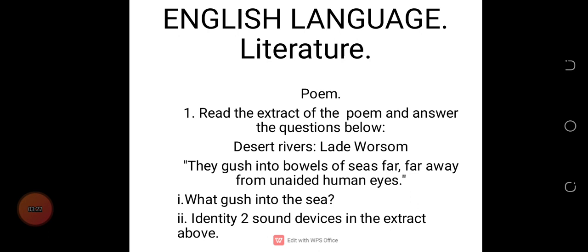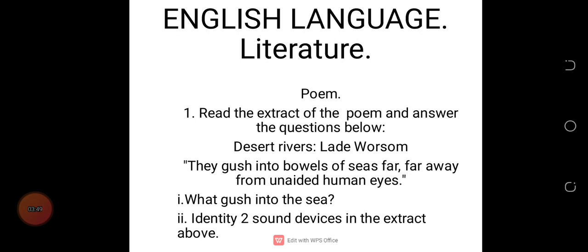Now you are asked what gushed into the sea. Then 2 says identify two sound devices. So I'll talk about the sound devices. When we say sound devices, they are devices that produce sounds. We mentioned some sound devices to be alliteration, onomatopoeia, repetition, assonance, consonance.